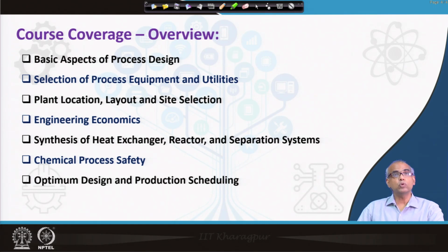This will allow you to do cost analysis. Next, we will learn about synthesis of heat exchanger network, chemical reactor network, as well as synthesis of separation systems. Then we will learn chemical process safety, and finally, we will learn optimum design and production scheduling.